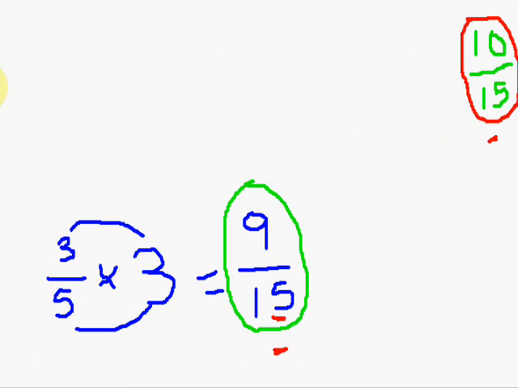Right. So let's add them now. 9 over 15 and 10 over 15. Very, very easy operation now that we have been able to give both fractions a common denominator. So we have 9 over 15, we're going to add it to 10 over 15.